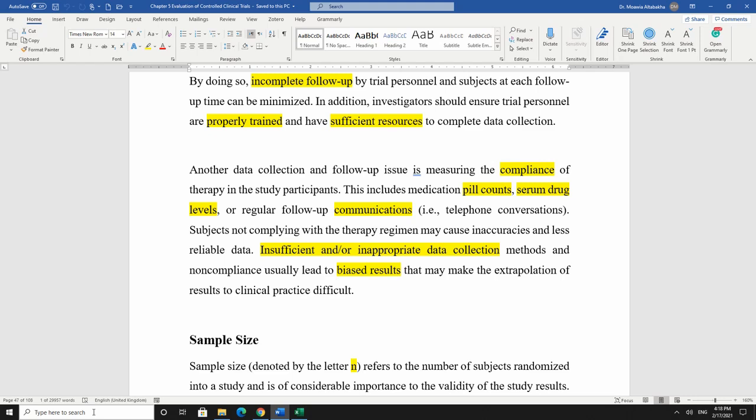You will take blood samples from the patient to make sure that the concentration of the drug is right, which means that he's taking his medication regularly. Or maybe the patient keeps forgetting, so you might send him a message or make a telephone call to remind the patient to take the pills.